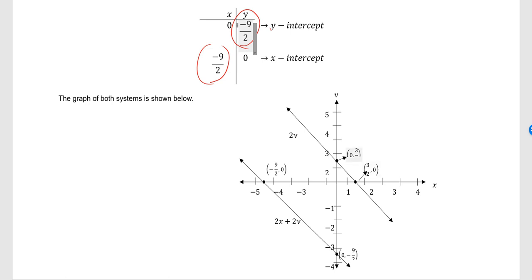So 0 and 3/2, and 3/2 and 0 are the two intercepts for one of the equations, and then we connect the line. And these are the two intercepts for the other equation, minus 9 halves and 0, and then 0 and minus 9 halves, and then we extend the line.